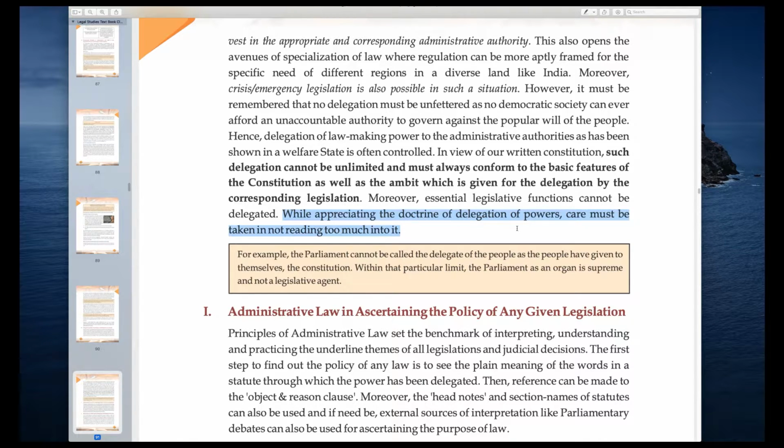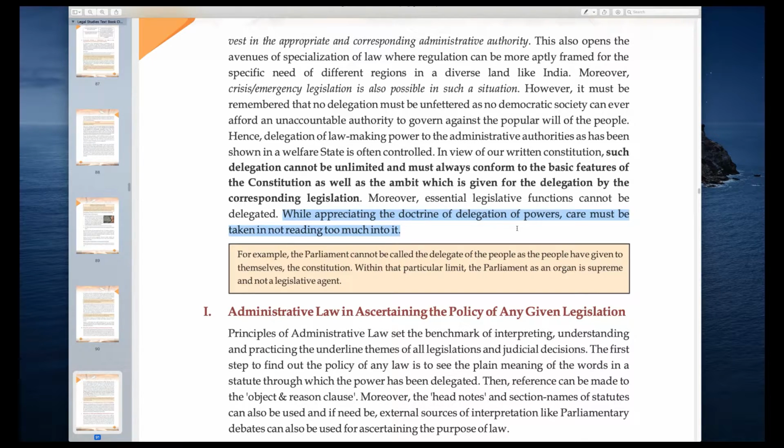So in gist, we can say that everything is not possible for the supreme authority. So the supreme authority delegates some of the legislative powers to subordinates or administrative bodies, and they make the rules, regulations, provisions. The second aspect is that such power of these administrative bodies is not unfettered, meaning it cannot be left uncontrolled.